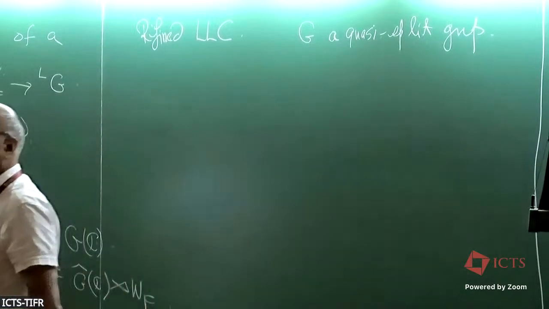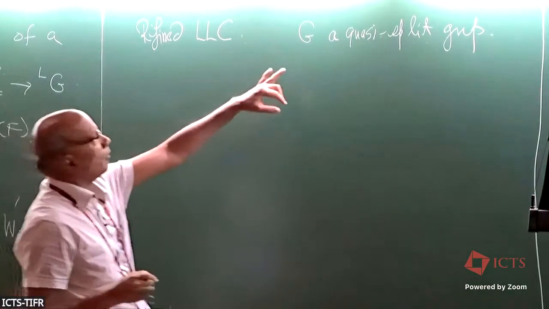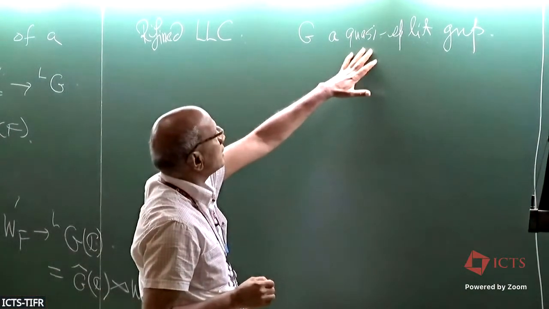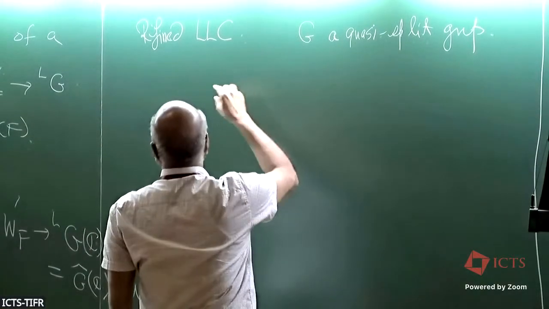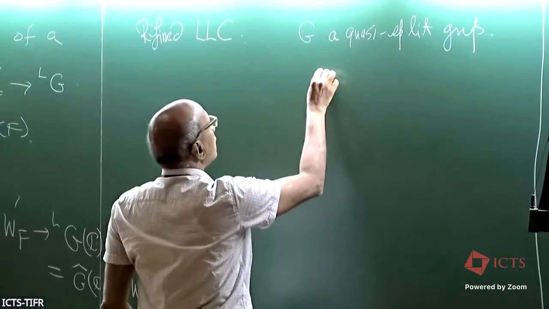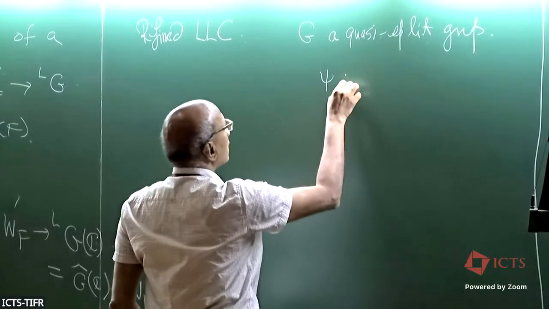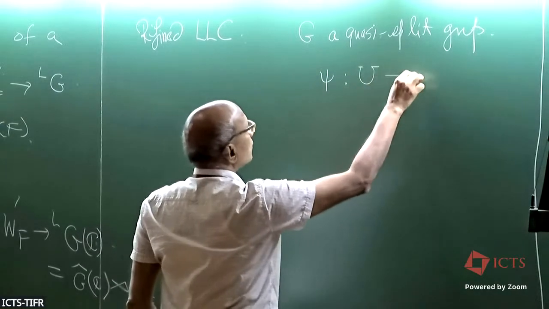So I will begin with a group which is quasi-split over F. And one reason to begin with quasi-split groups is that the refined local Langlands correspondence is sensitive to fixing an additive character from the maximal unipotent subgroup to C star.